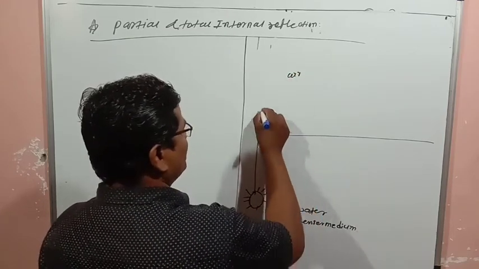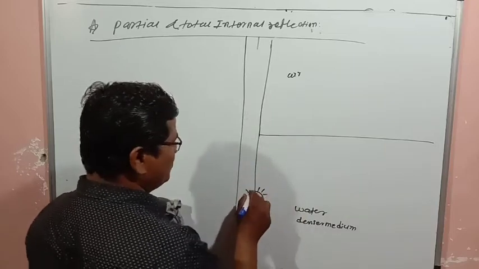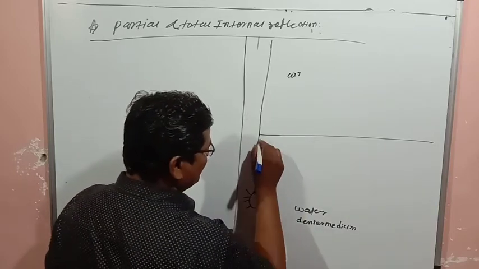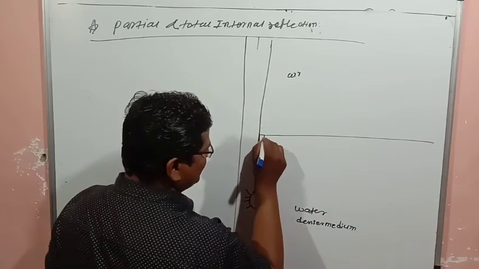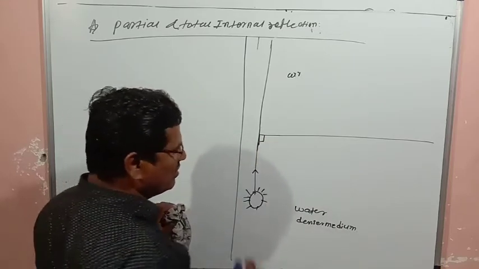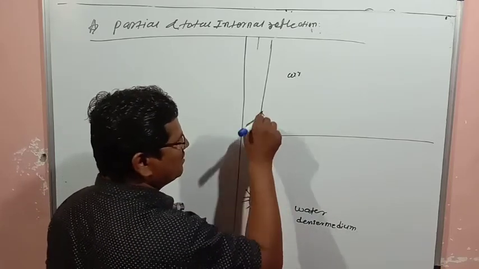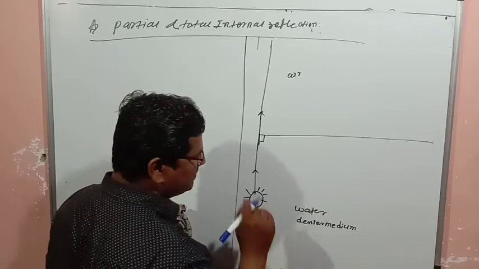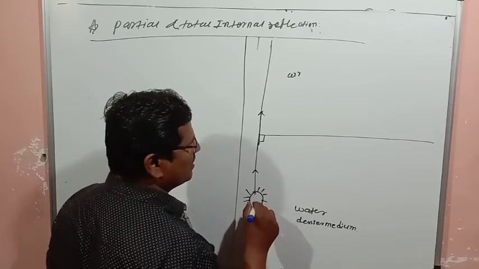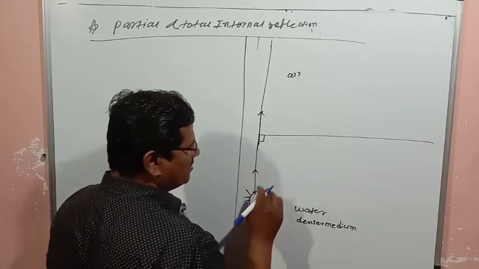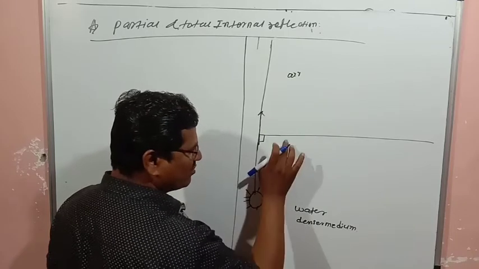So according to first rule, light which is traveling along the normal, that means here it will make 90-degree angle, so this light will go straight here, no problem.